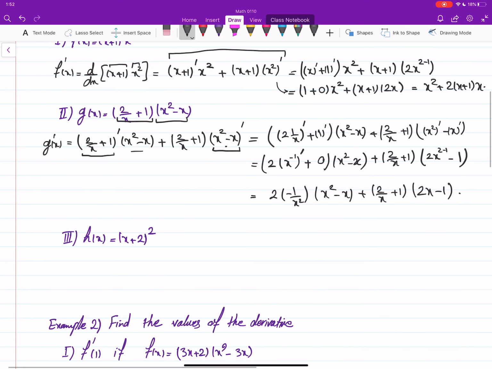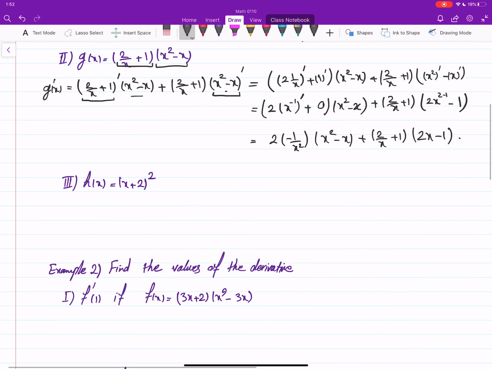That's another one. And this one, first you look at it and say, well, there's no product. There's a power here. Yes, but it's not just x to the power 2. There's x plus 2 to the power 2. I cannot use the simple power rule here.